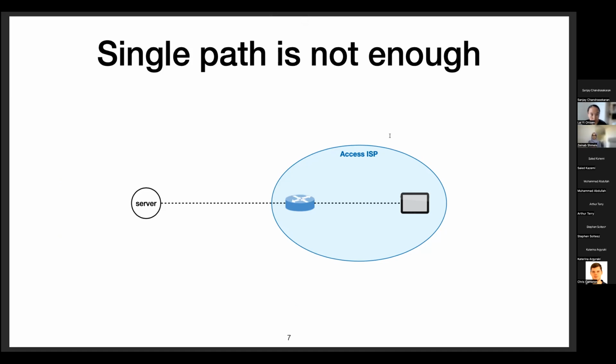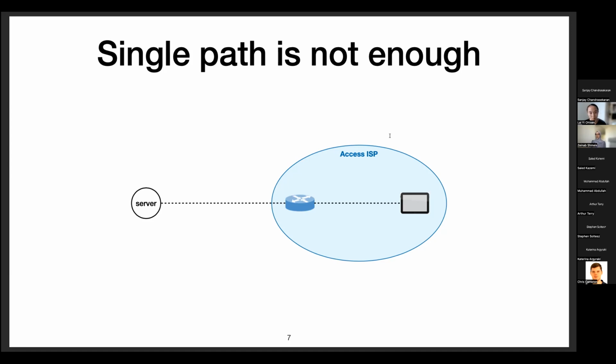On the path from your phone to that server, you have first the access ISP. Those are basically the companies we pay for in order to get our internet subscription. And you have other ISPs along the way that are responsible only for forwarding this traffic. Now, some people argue that when a violation is detected, it's the access ISP that has the highest incentive to do so.